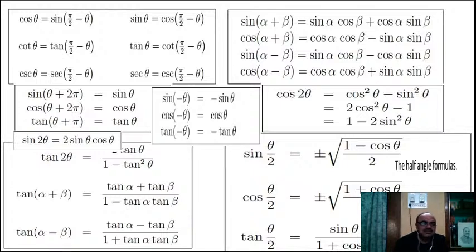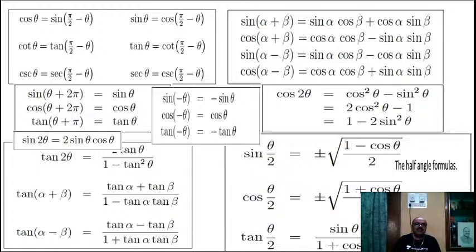Let me come with one by one boxes from the starting one. First one, cos theta is sine of 90 minus theta. Please remember, whenever we bring in 90 or 270, the value of that particular trigonometric function changes to its other value.